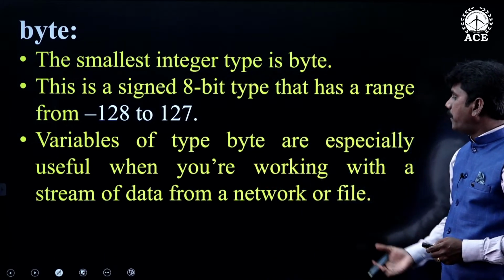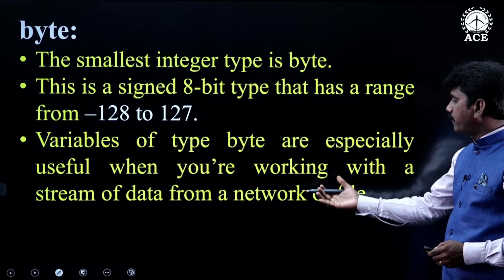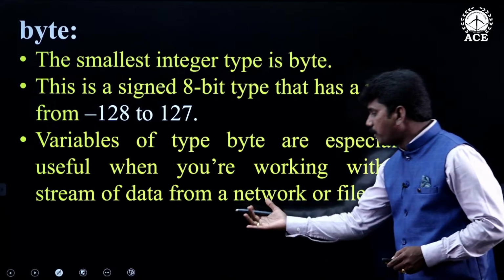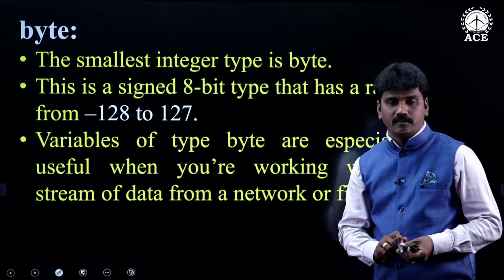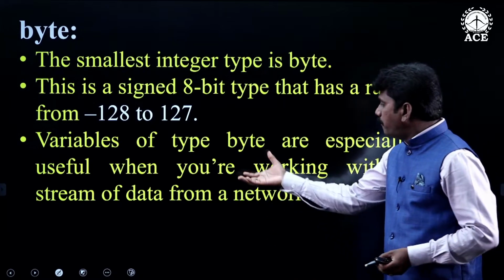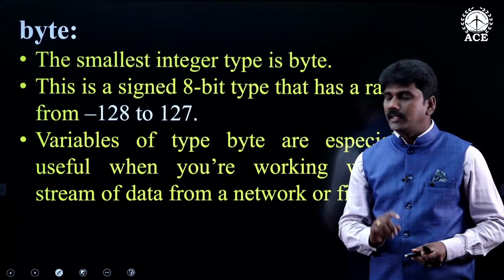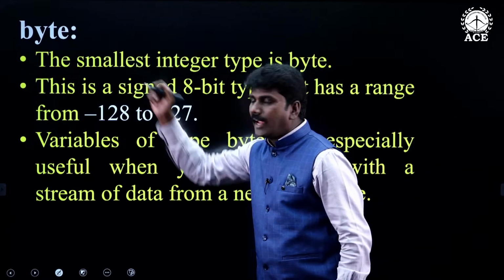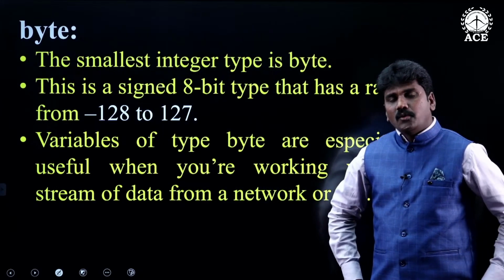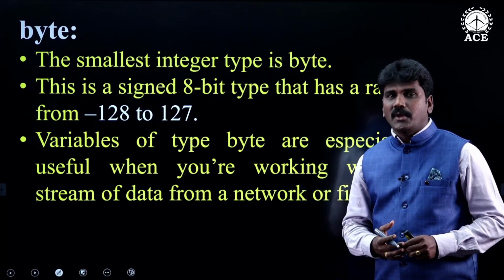variables of type byte are especially useful whenever you are working with a stream of data from a network or file. By seeing this statement, we can understand that byte is actually of 8 bits only. So where are we going to use this?